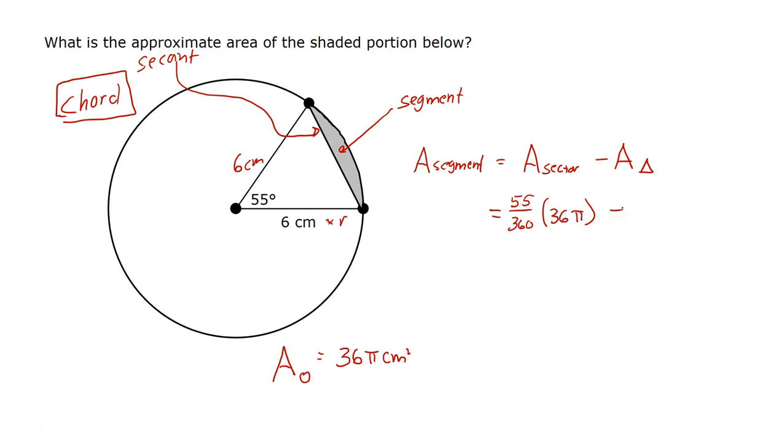As far as the area of the triangle goes, we have a formula in that kind of circumstance where that's going to be 1/2 the two sides times the sine of the included angle. And if I work that all out, I get about 2.534.